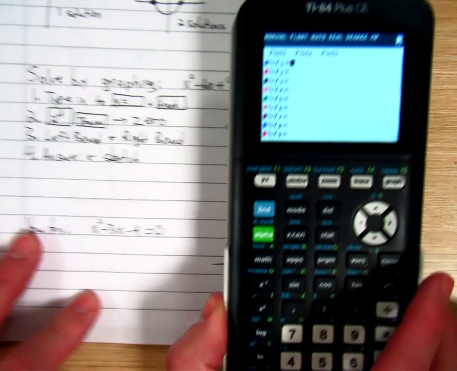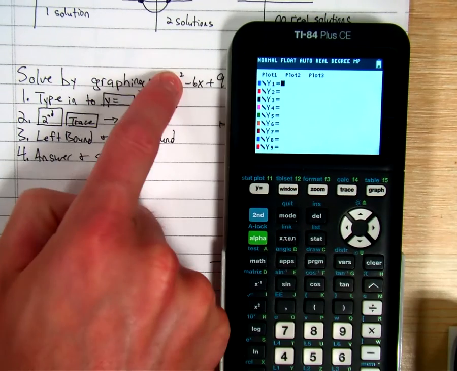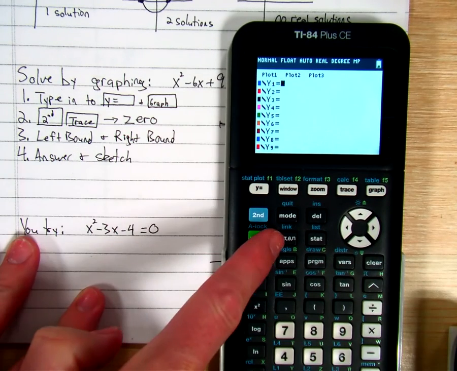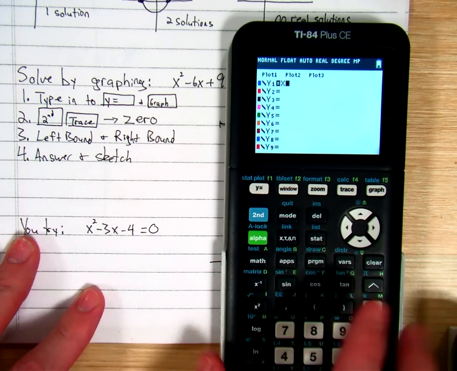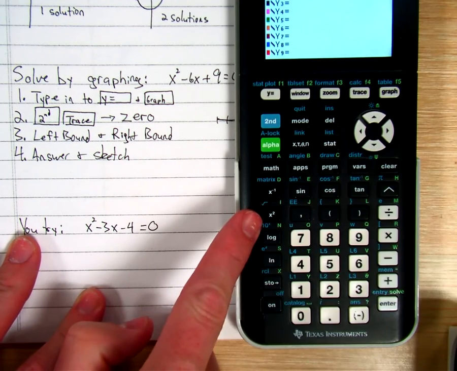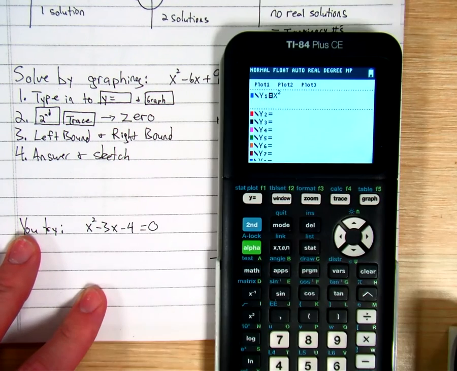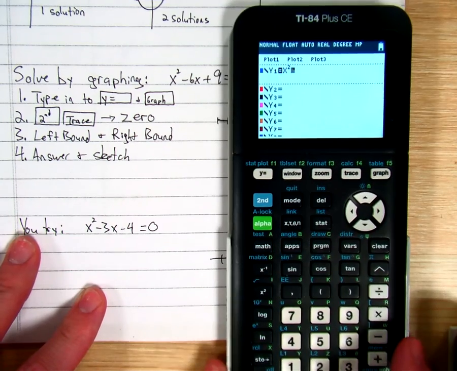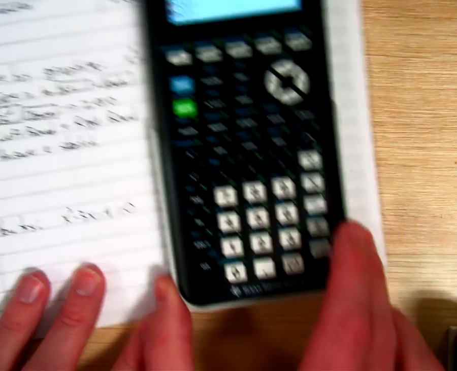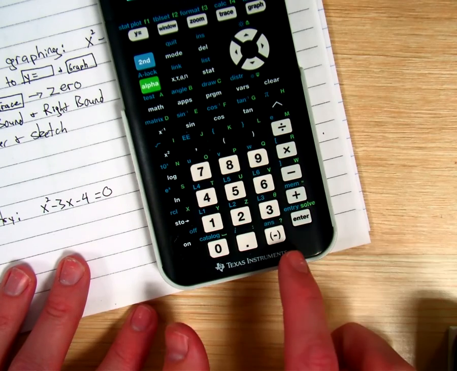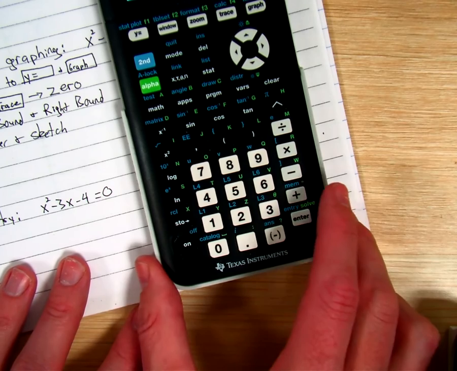So here we go. We need x squared, so we're going to push the x button, and then we need squared, so we push the squared button. And now you should see x squared. Minus. The graphing calculator knows the difference between minus and negative, and it gets mad if you do the wrong one.